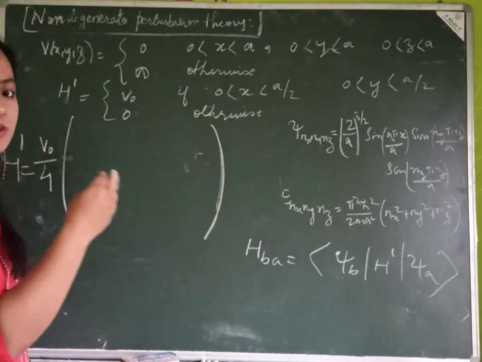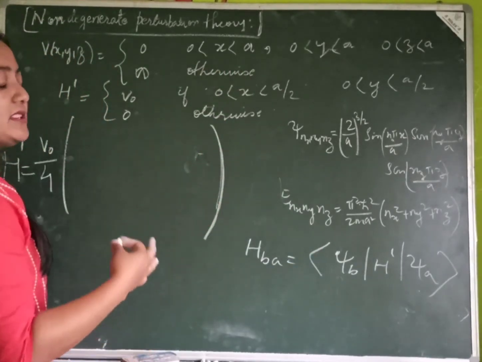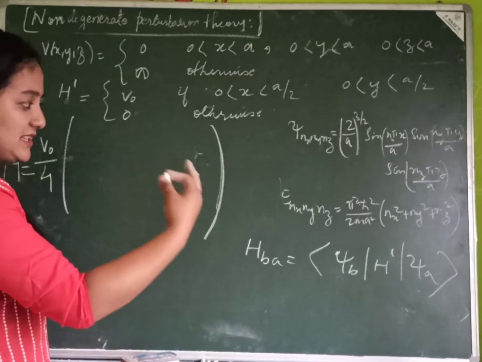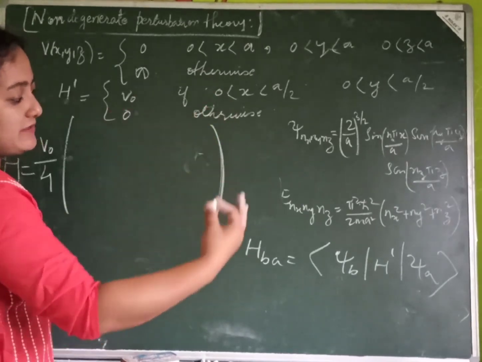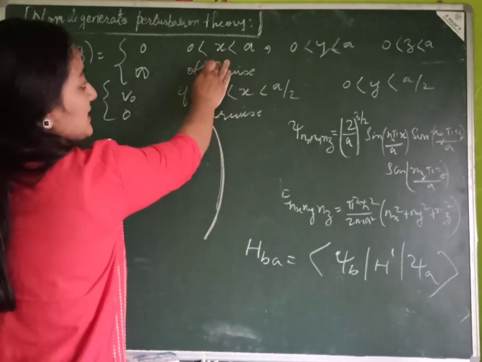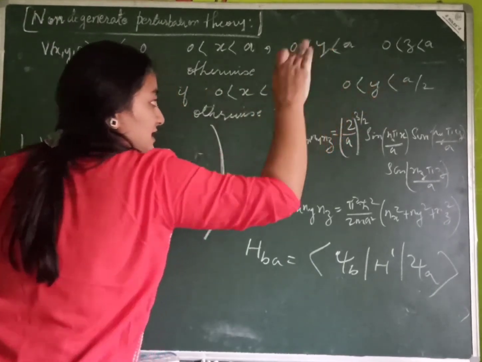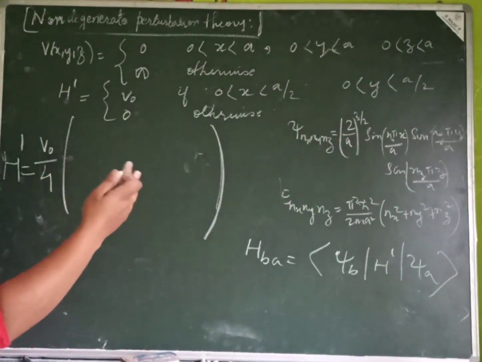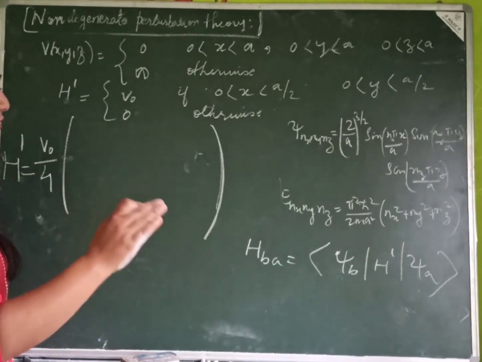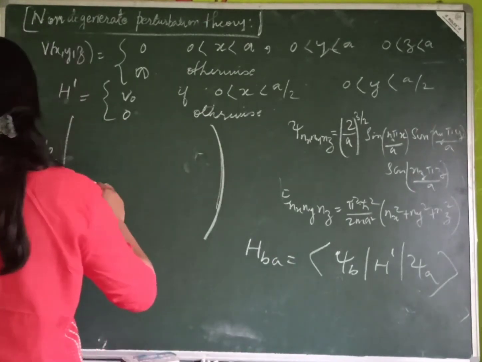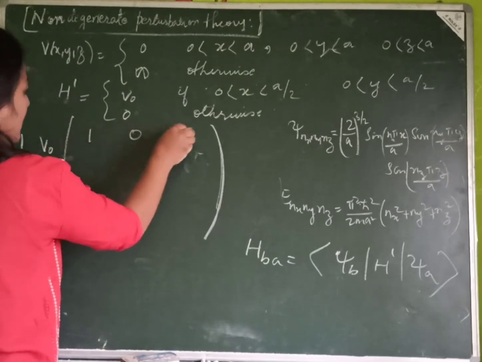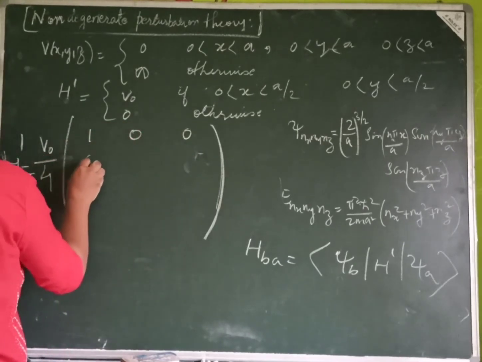I must remember this is a three-dimensional case, so I have integrations over dx, dy, dz. For x and y it should run from 0 to a by 2, but for z there is no such perturbation term, hence it should run from 0 to a. After doing all of that, the matrix elements come out to be this.